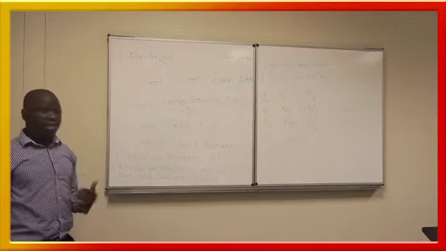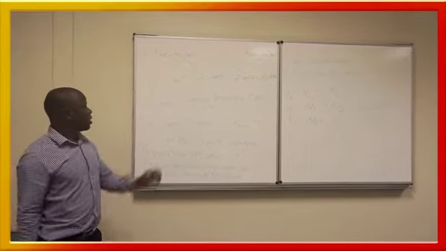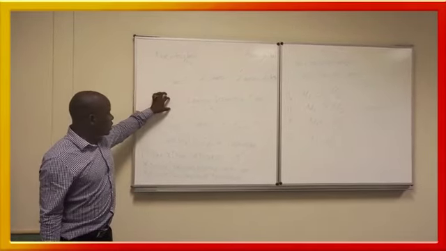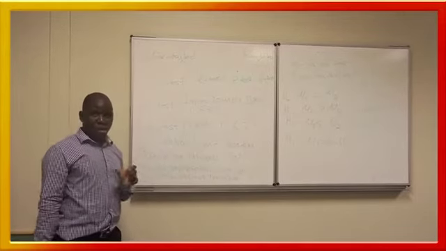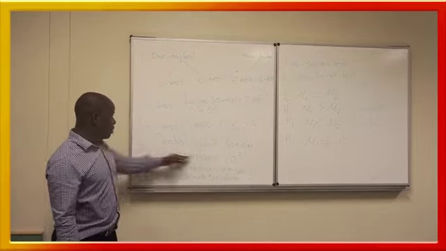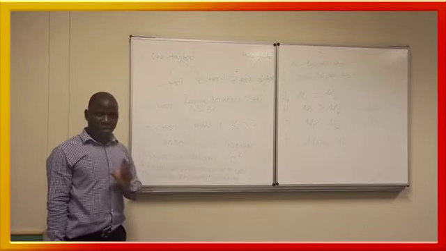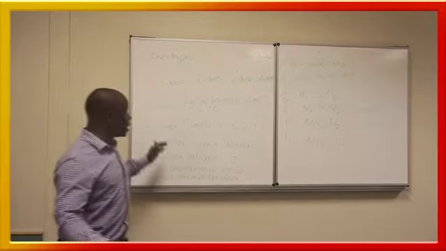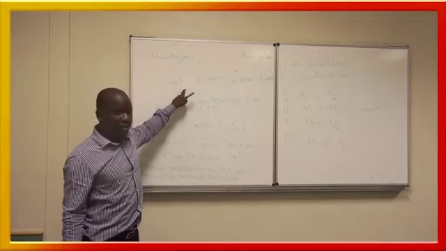If one of the conditions is not met, then you have to use the T. For you to use the Z, the sample must be large and the population variance must be known. If those two conditions are met, then you proceed to use a Z-test.